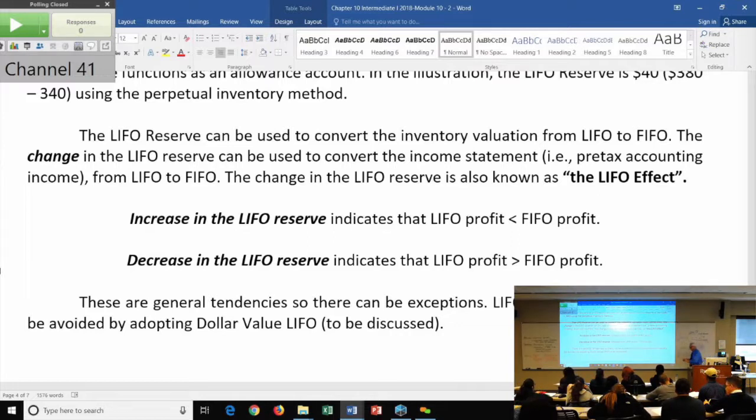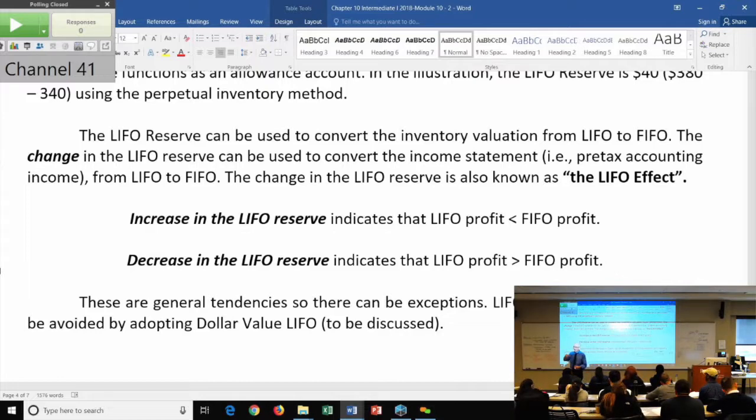So if you went to the balance sheet, let me just leave you with this. You'd see the LIFO ending inventory of 340. And if you went to a footnote, the LIFO reserve is 40, what could you do?